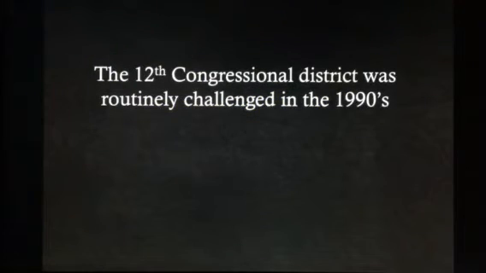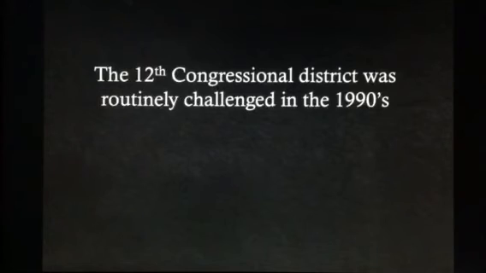The 12th Congressional District of North Carolina was routinely challenged in the courts in the 1990s. Now, legally, a state legislature is not supposed to draw congressional districts as to benefit one particular party.